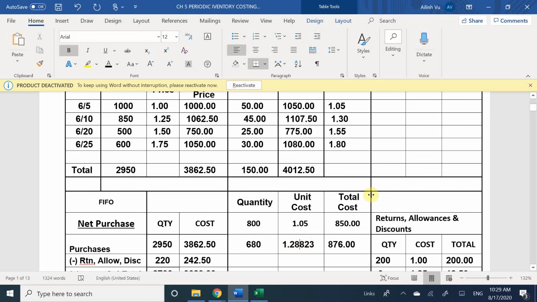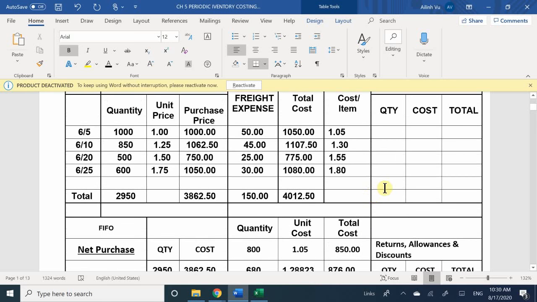Now, you're going to ask me this question: why can't I fix it up here? Why can't I just change it as I go up here, like make this 800? Because then your purchase expense, every value here, will completely be different. It will add you the cost, the purchase price and the freight expense, right?